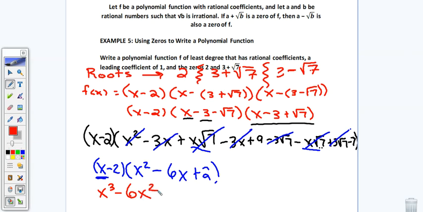And then x times the plus 2 would be plus 2x. And we'll multiply everything else by negative 2. So we're going to go minus 2x squared. Negative 2 times negative 6 will be plus 12x. And then negative 2 times positive 2 will be a minus 4.